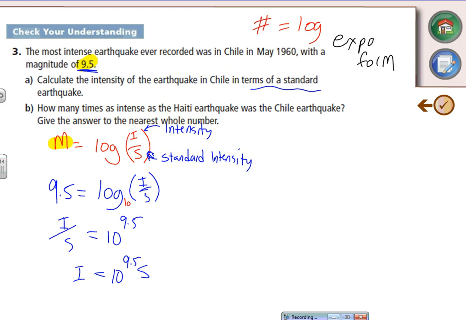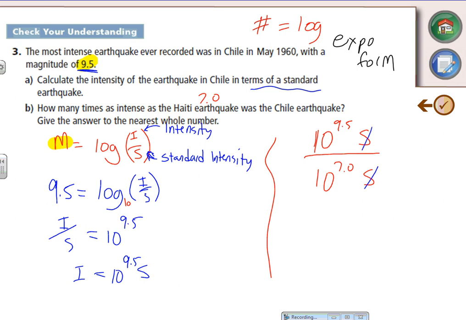Let's compare that now to the Haiti earthquake. When you look in your book, you see the Haiti earthquake was a 7.0. Let's compare the two of them. We've got 10 to the 9.5 over S for Chile. The Haiti earthquake is going to be 10 to the 7 compared to S. Those S's cancel off. So we're left with 10 to the 9.5 divided by 10 to the 7.0.